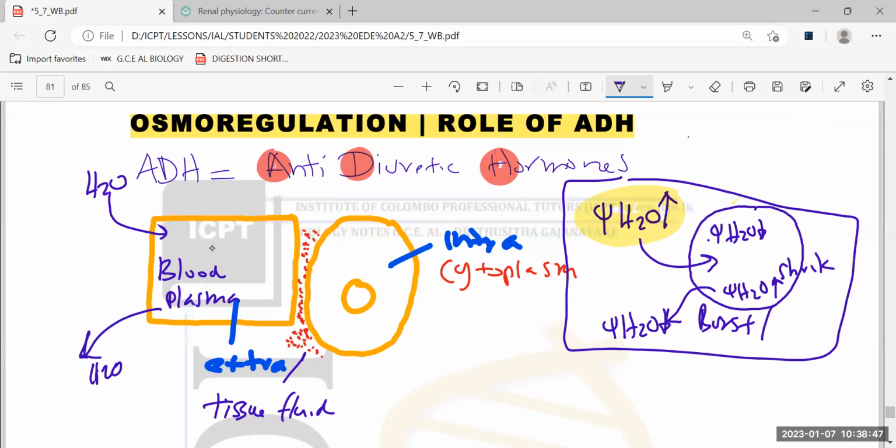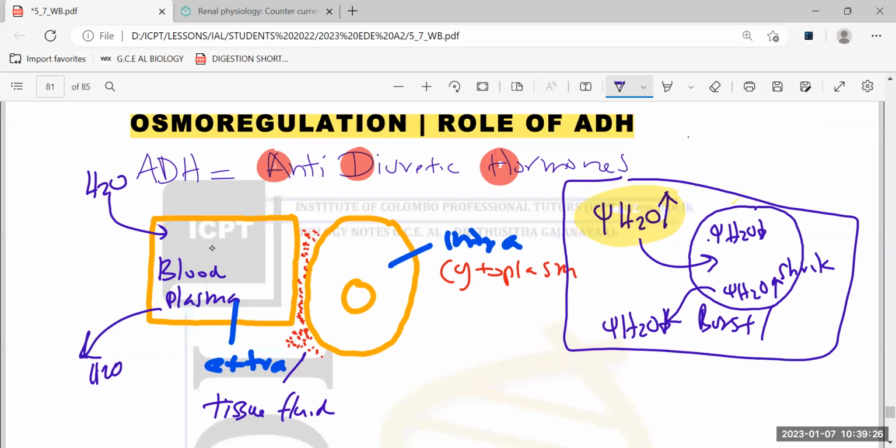So the kidney plays an important role in maintaining this water balance. This is osmoregulation: keeping a constant amount of water inside. That's homeostasis. The basic concept is to keep the internal environment constant, keep the water level constant in the body. That's osmoregulation.